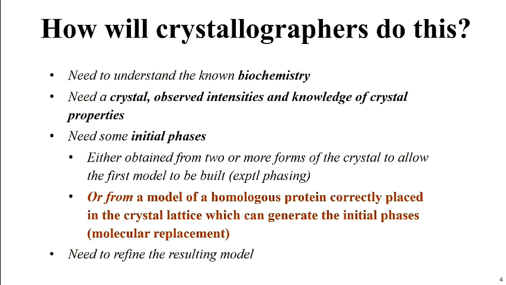And before you can solve a structure, you have to have some phasing, some start in the phasing. It can either be done experimentally or by direct methods, or in this meeting we're going to be discussing fitting a known model and using that as our starting set to get some phases. And then, of course, we're going to need to refine it.